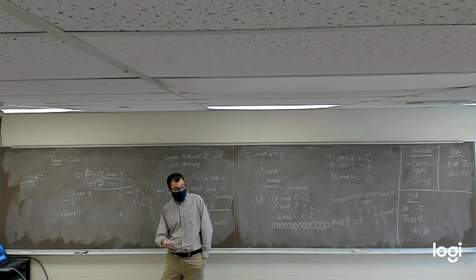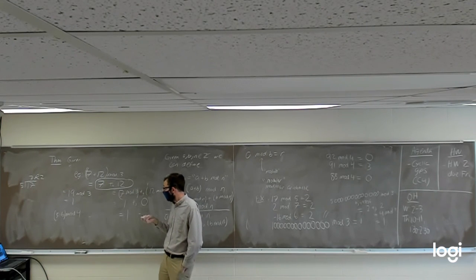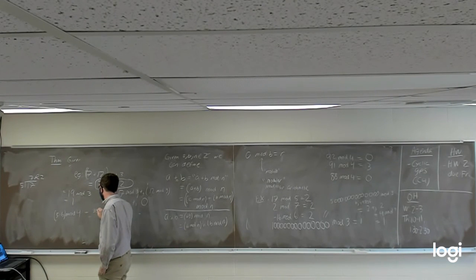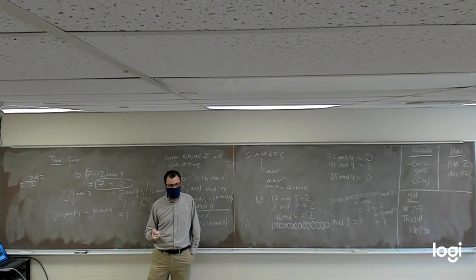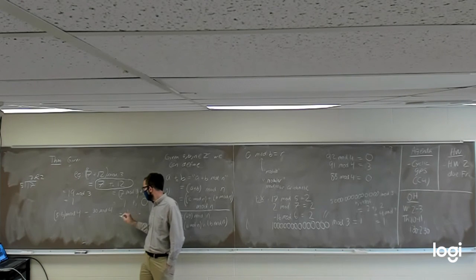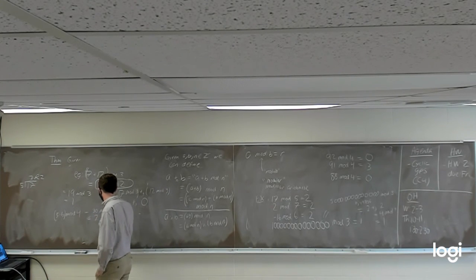we could do this in a couple of different ways. We could multiply 5 and 6 together, which will give us 30 mod 4. And if we were to take 30 divided by 4, what's our remainder? It's going to be 2.